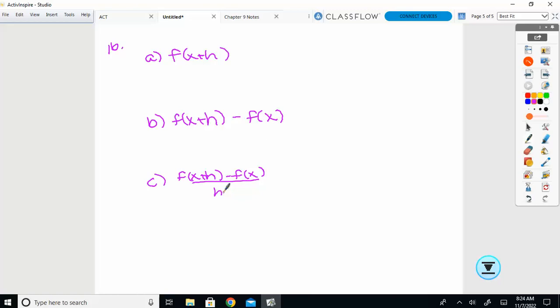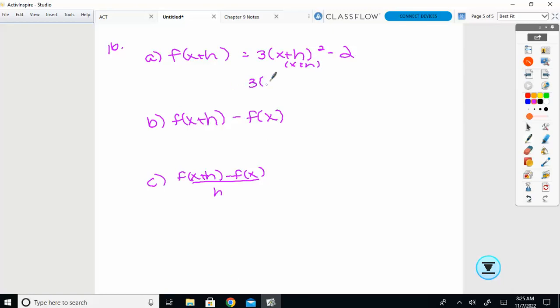All right, so on that, f of x plus h, what does that mean? Put x plus h in for x. You go to function f, and you replace the x with an x plus h. All right, so x plus h squared.